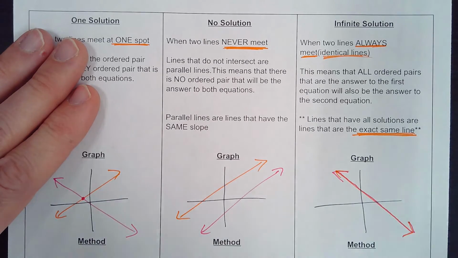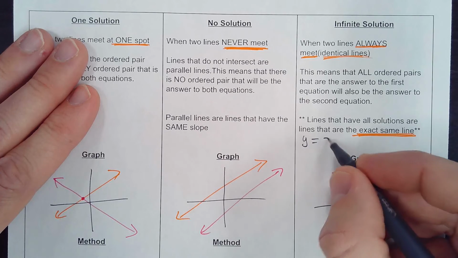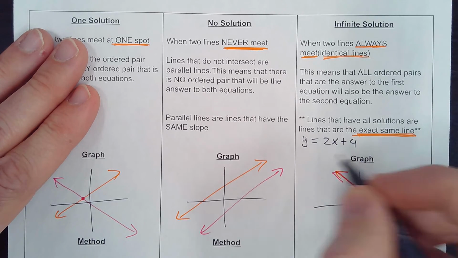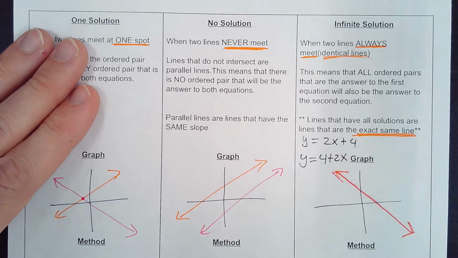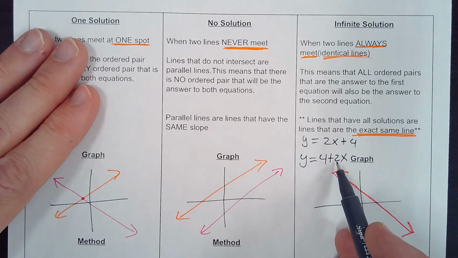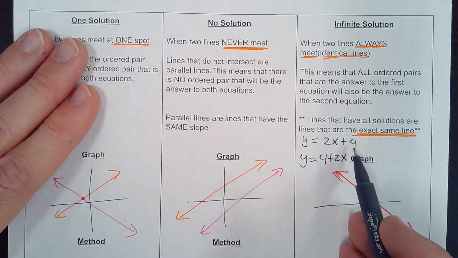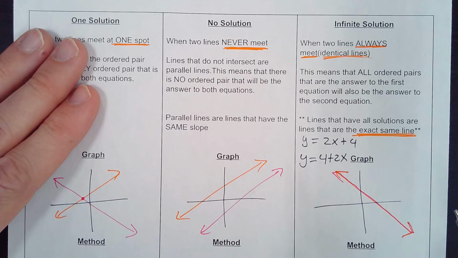This is a very simple example, but that would be like you have an equation that's y equals 2x plus 4, and then your other equation is y equals 4 plus 2x. They just look different, right? But when you go to graph them, here's your m, here's your b, here's your m, here's your b. They're the same. That is what it would look like to have infinite solutions.